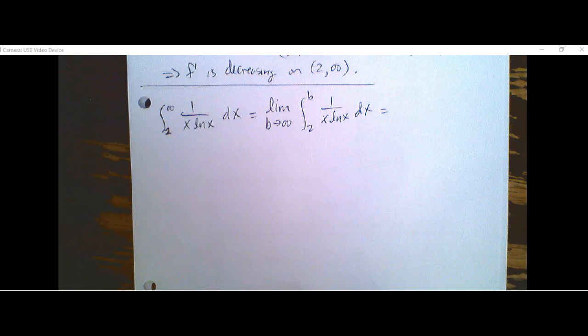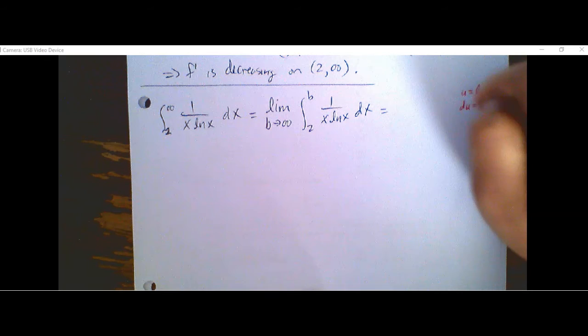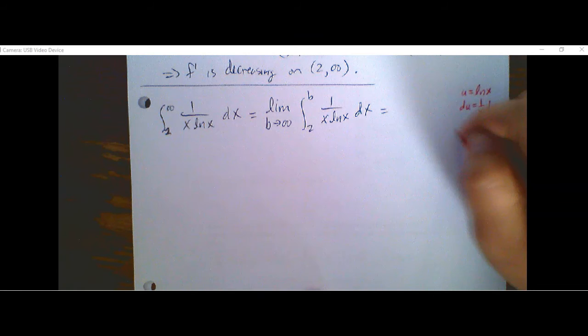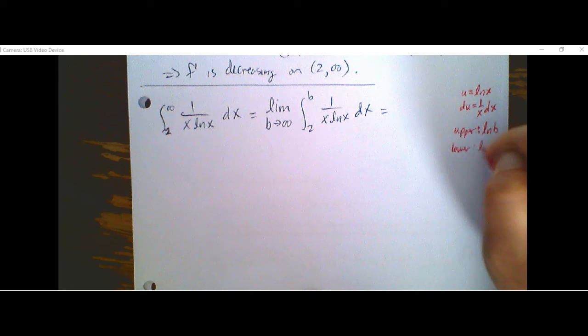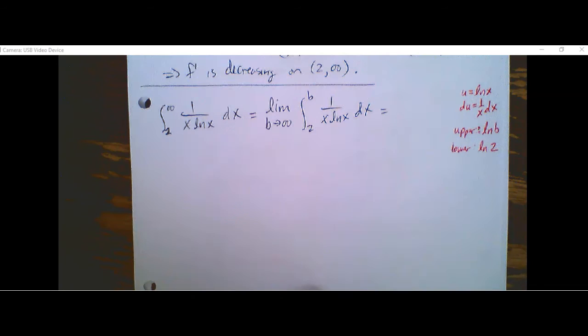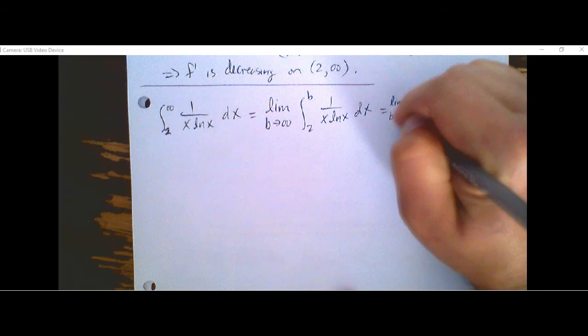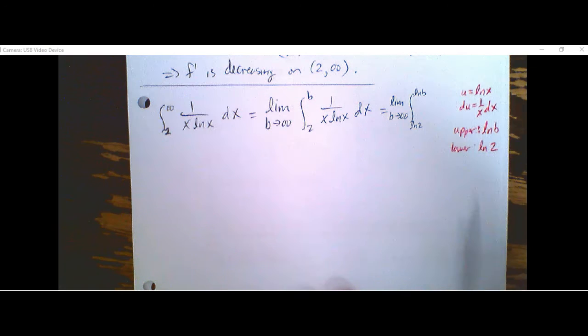So let's say u is natural log of x, du is 1 over x dx. We also need new boundaries here. So the upper would be natural log of b, and the lower is the natural log of 2. So we have our limit as b goes to infinity, natural log of 2 to natural log of b of 1 over u du.